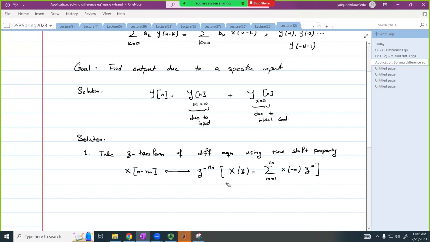And this x is not the input, this is in general. Let me just make it a y so it's not confusing. Y of z, y of negative m, z to the m. Together? This is the time shift property that we introduced probably a few classes ago.